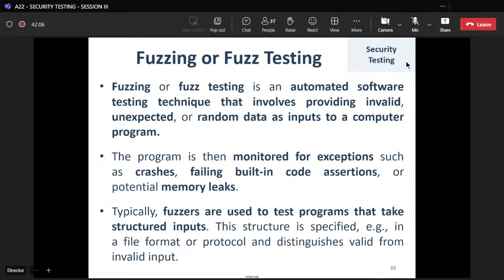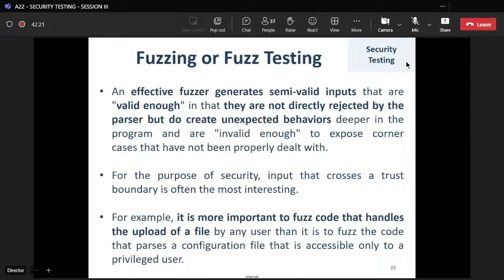The overall program is monitored for exceptions, crashes, or potential memory leaks. Structured inputs are also tested in fuzzing tests. It is very important to know how the system handles these various types of inputs.